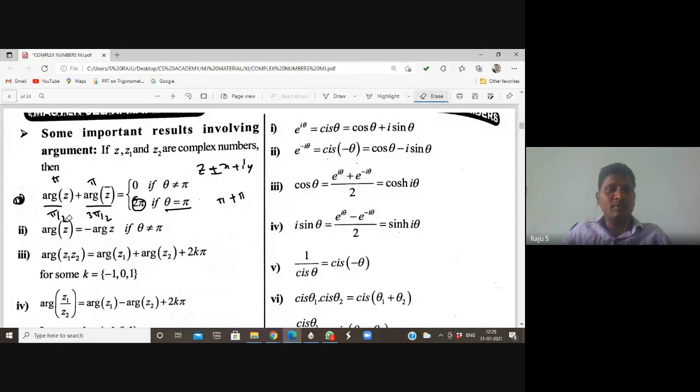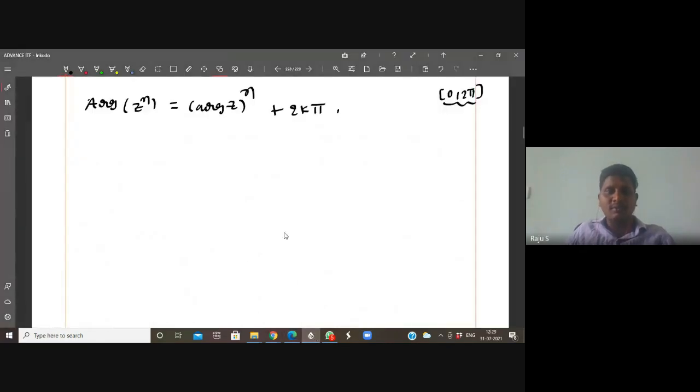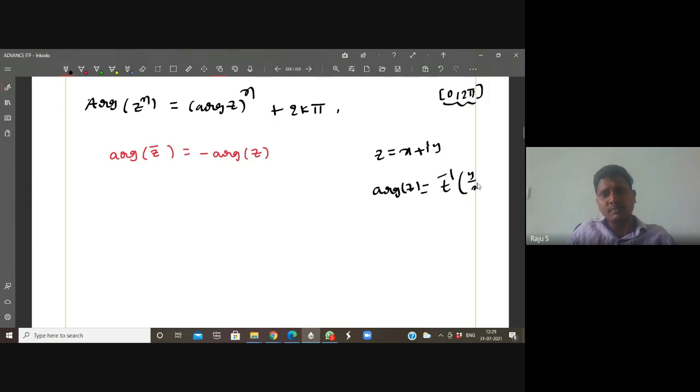And argument of z conjugate should always be equal to minus of argument of z. Why? I'll explain here. Each property is very important, students. They have given minus of argument of z. Why? Okay, when I take z is equal to x plus iota y, what is arg of z, students? Shall I write tan inverse of y by x? Okay, so what is z conjugate, students? x minus iota y. Am I right?